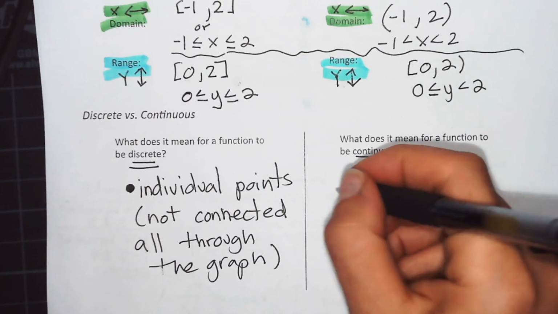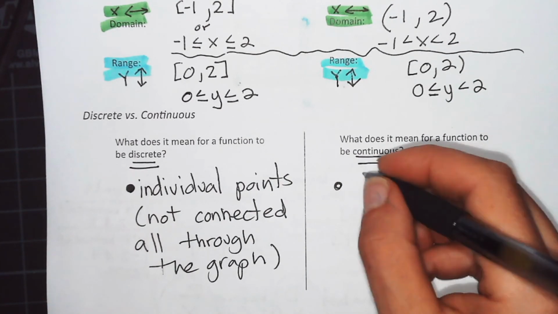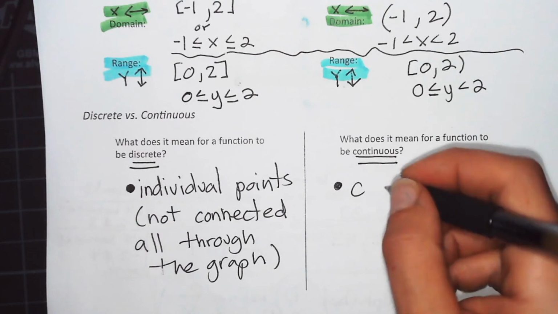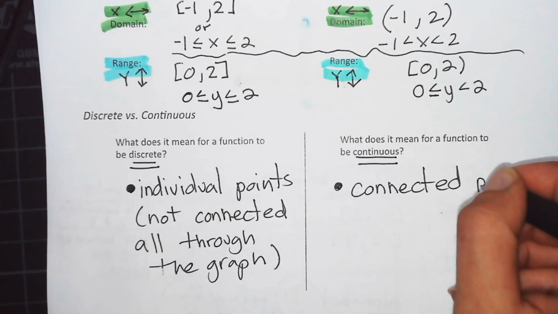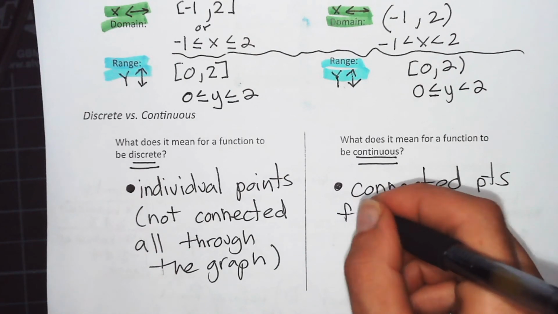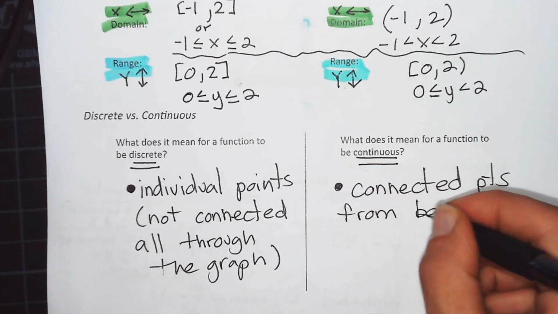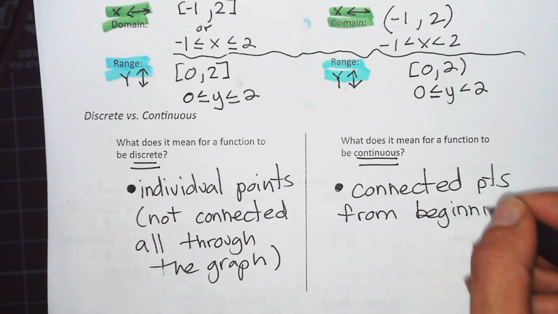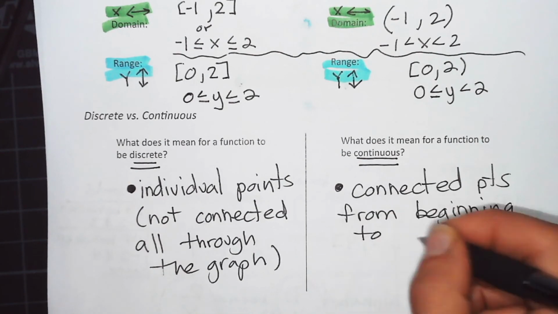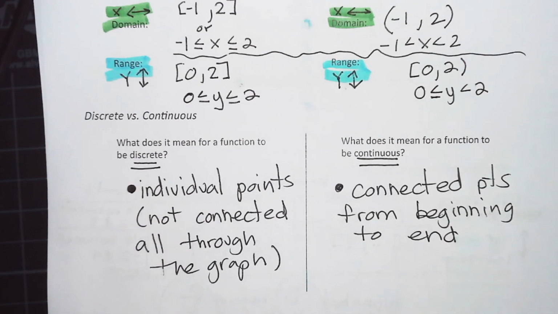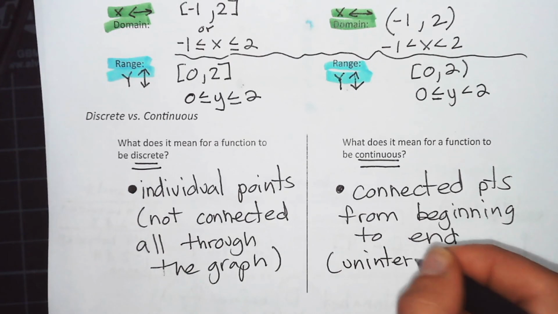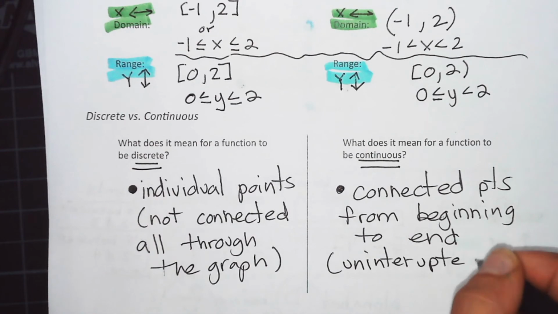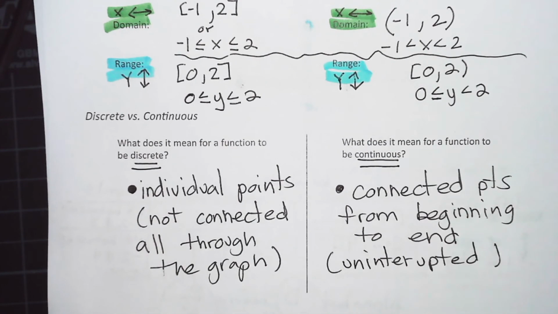For a continuous function, that means we have connected points from beginning to end. It's uninterrupted. I don't know if I spelled that right. You can spell it differently if you want.